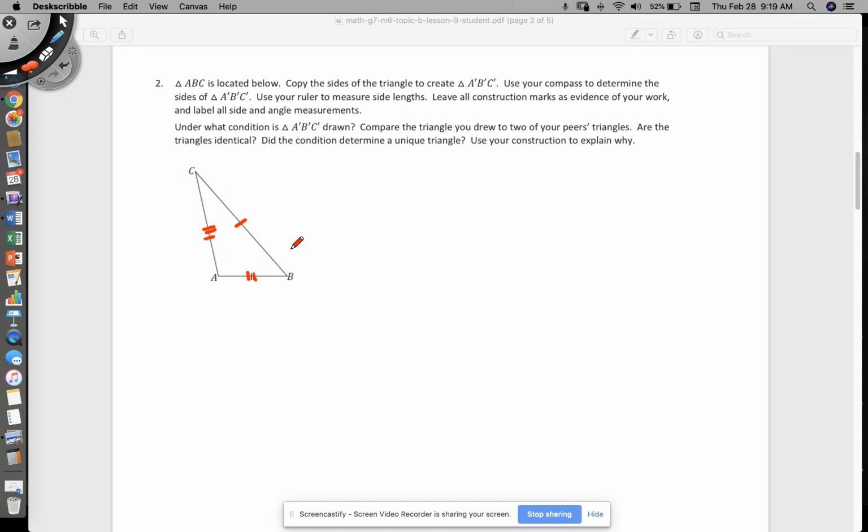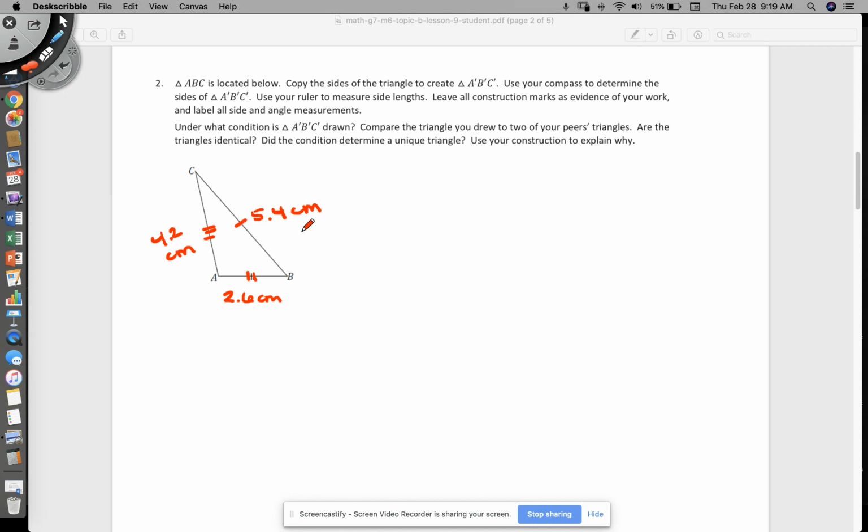So the first thing I want you to do is measure these lengths. When you measure AB, you should get 2.6 centimeters. When you measure AC, you should get 4.2 centimeters. And when you measure CB, you should get 5.4 centimeters.